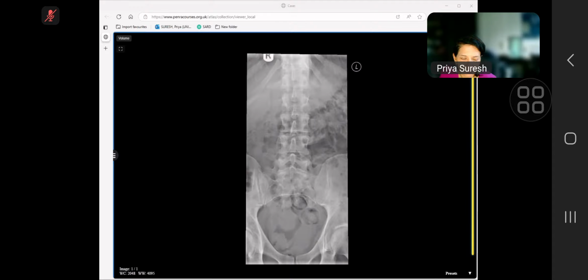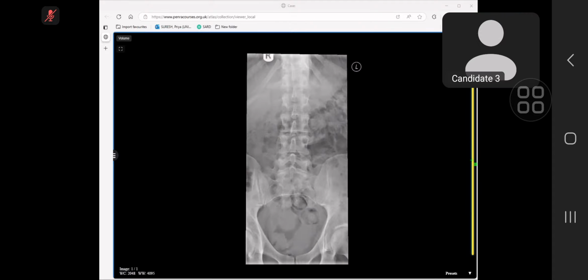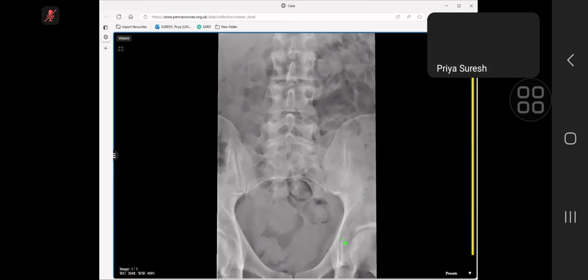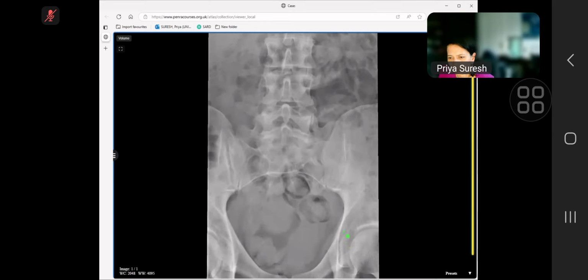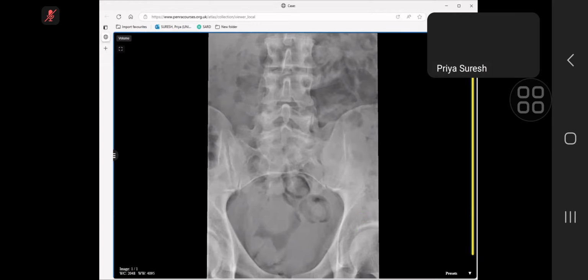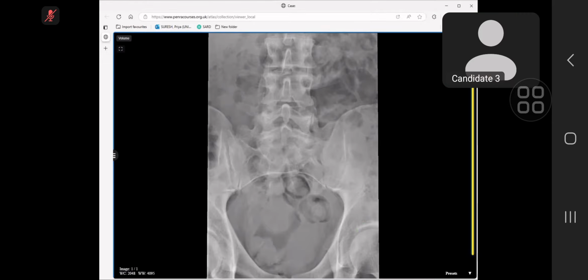I would like to zoom the image a little bit to further comment on the bones. Faint sclerosis is noted along both medial femoral heads. However, no definite subcortical lucency is noted. The left sacroiliac joint is also showing mild sclerosis. Right sacroiliac joint appears normal.